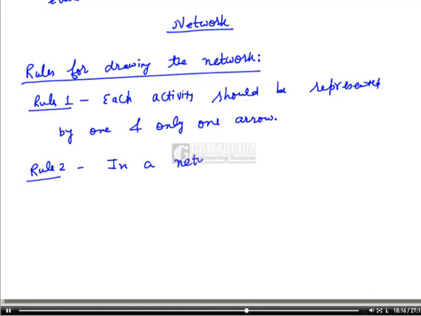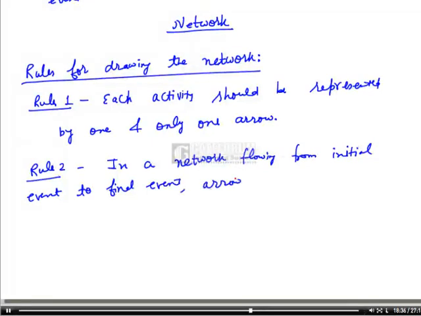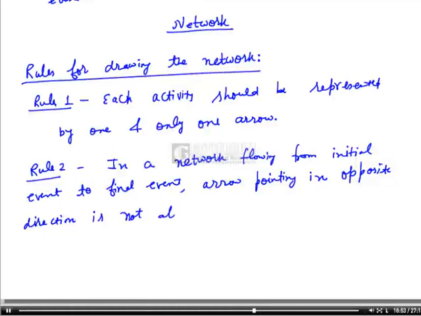In a network, flowing from the initial event to the final event, an arrow pointing in the opposite direction is not allowed.